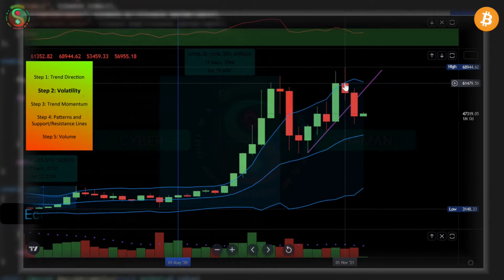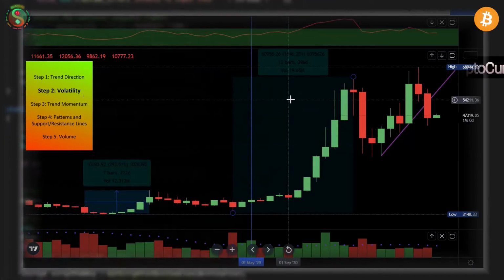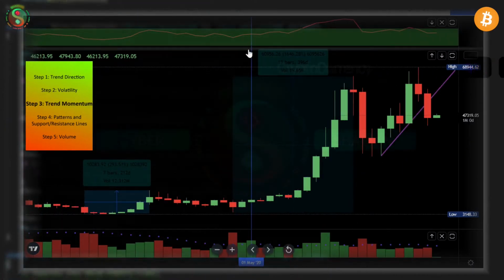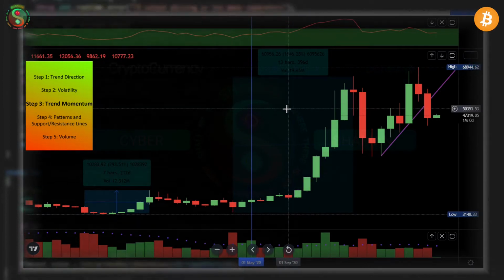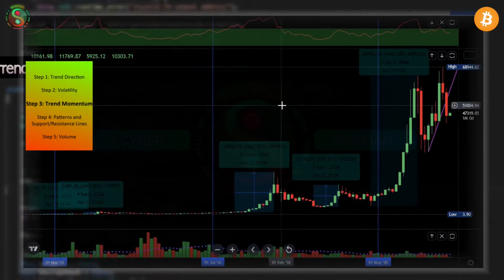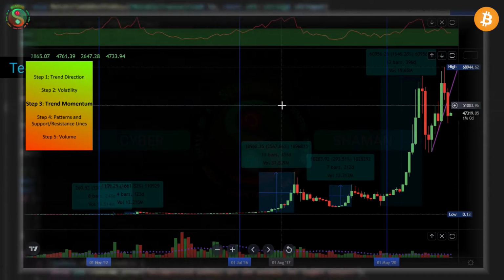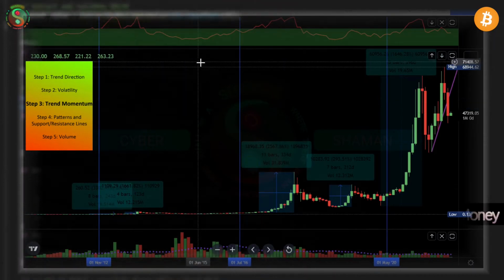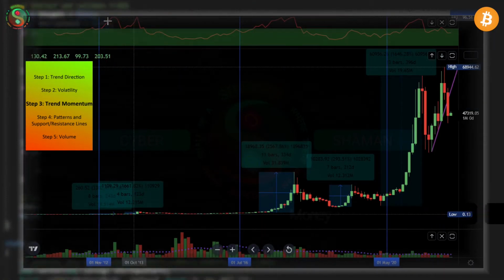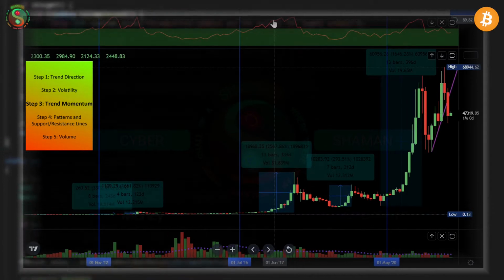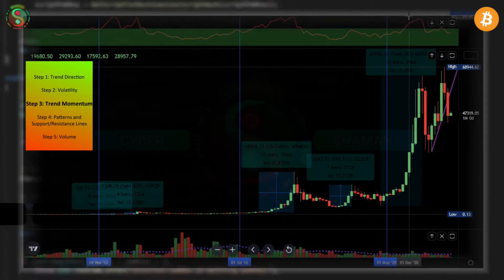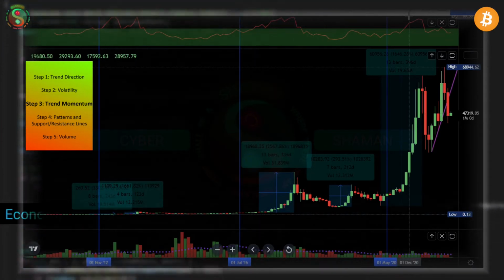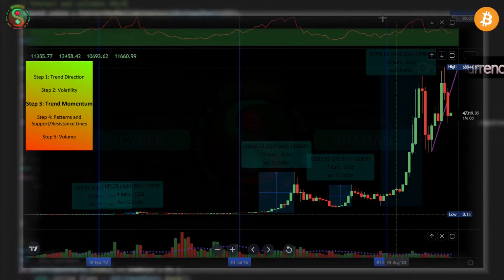To analyze the momentum, we check RSI. And as you can see, historically the overbought area for monthly time frame is higher than 80 and usually 95.